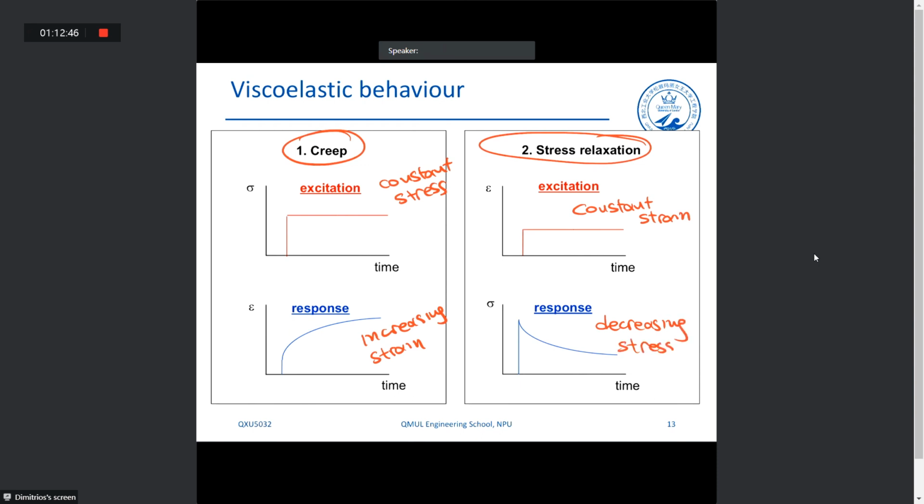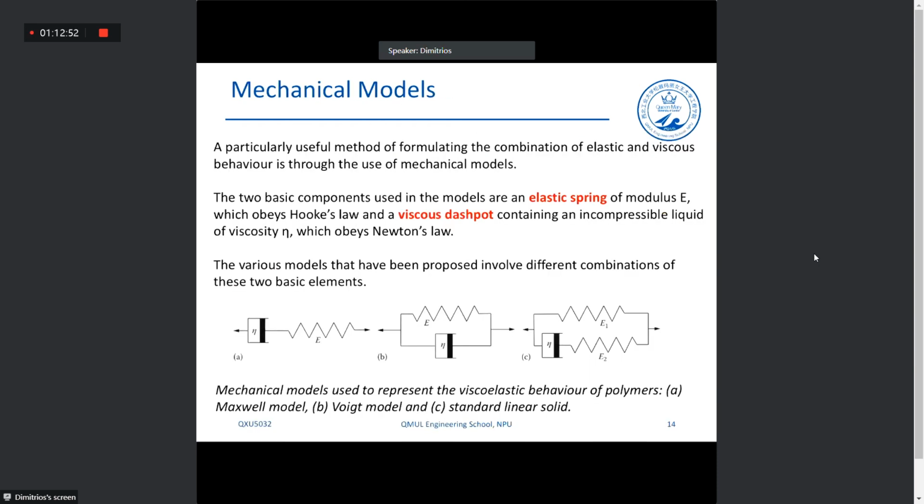Now, let's go to something a bit more interesting and slightly not too complex. Let's examine the two main mechanical models that are used for the description of creep and relaxation.